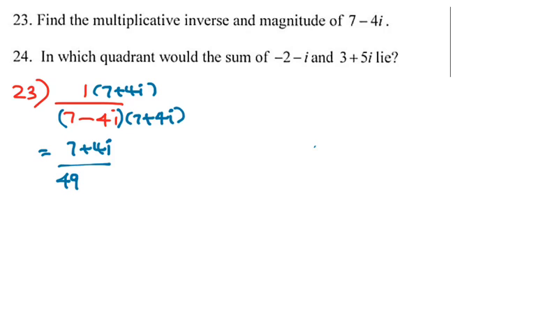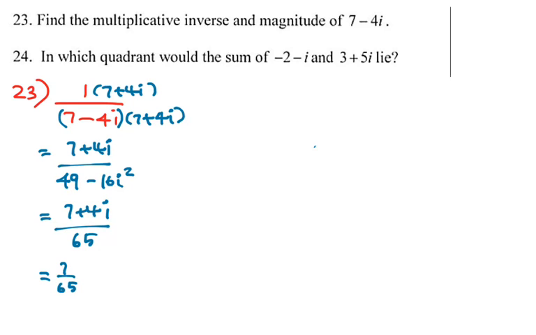How about the denominator? 49, because 7 times 7. And minus 16i squared. Why? Because the two middle terms cancel out. So then on top we get 7 plus 4i. On the bottom we get 65. Why? Because 49 minus negative 16, so when you add them up, we get 65.